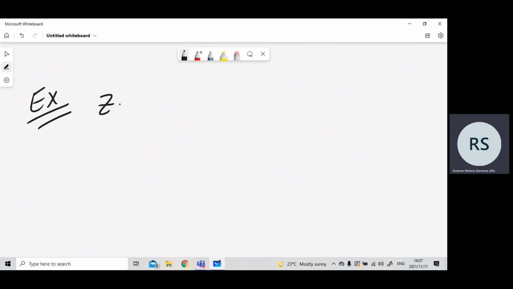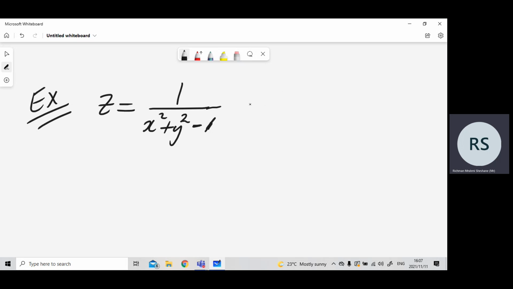z is equal to 1 over x squared plus y squared minus 1. So z is equal to 1 over x squared plus y squared minus 1.